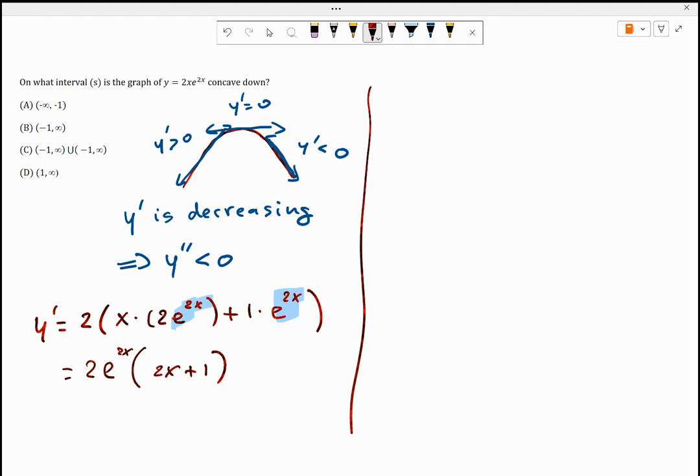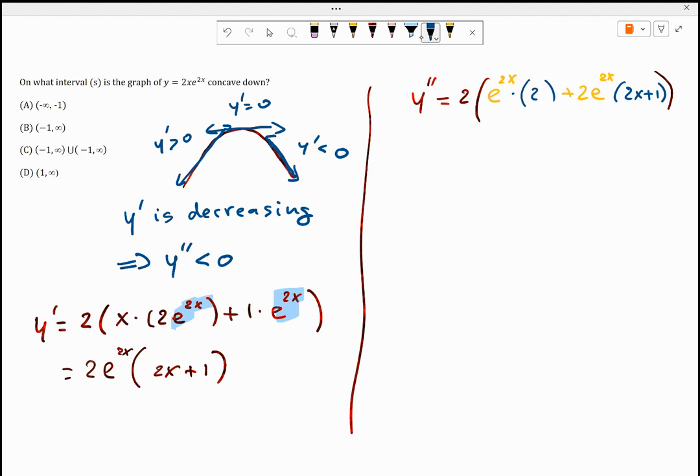Now we find the second derivative by taking the derivative of that function. So y double prime is equal to 2 times, I'm going to factor out the 2 again, and we have again the product rule. We take the first function, e to the power 2x, times the derivative of the second function, which is 2, plus the derivative of the first function, so 2 times e to the power 2x, times the second function, 2x plus 1.